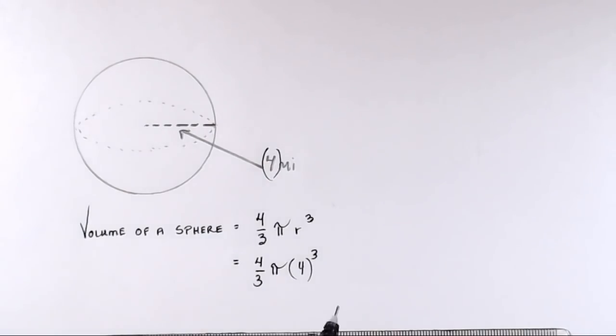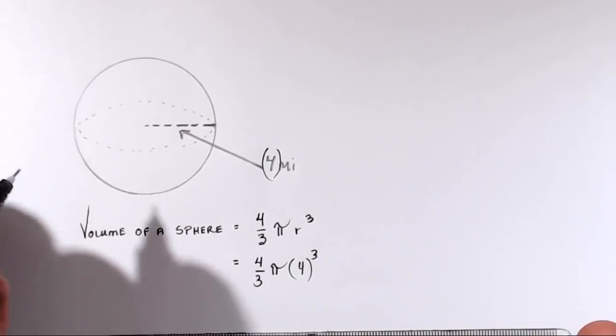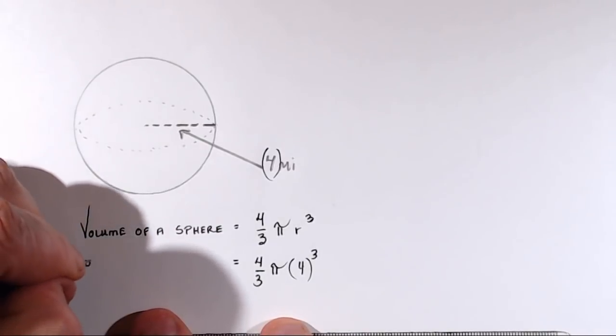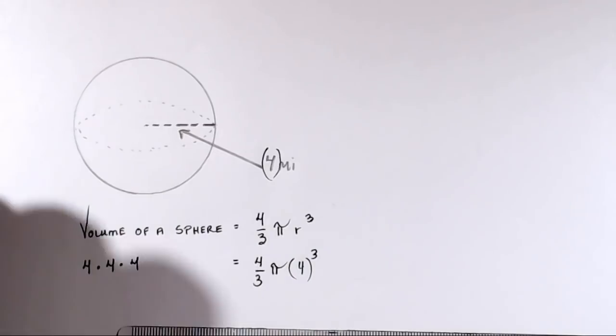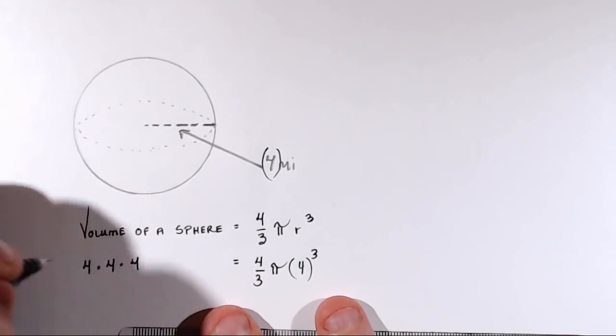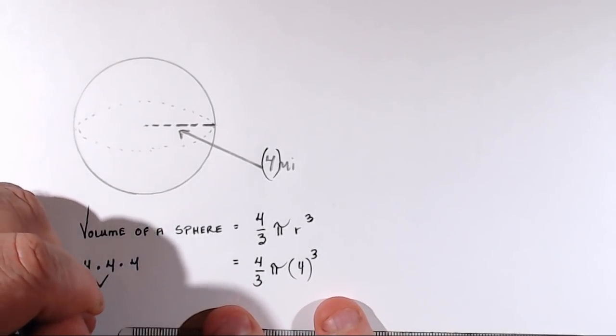Well, anyway, now I need to use PEMDAS, okay, exponents before the parentheses. So I've got to take 4 times 4 times 4. What could that be? Well, 4 times 4 is 16. So 4 times 4 gives me 16.